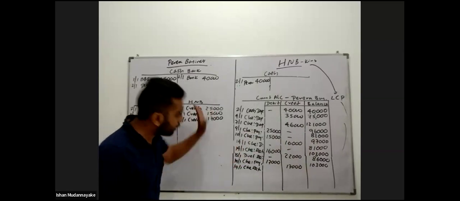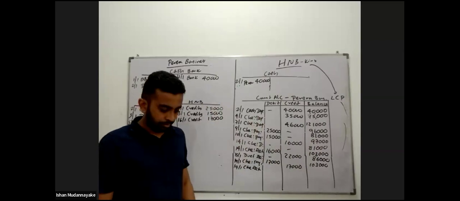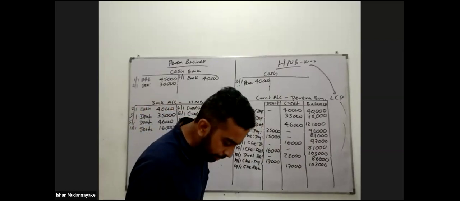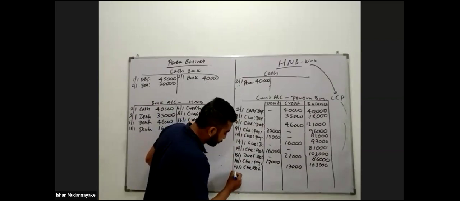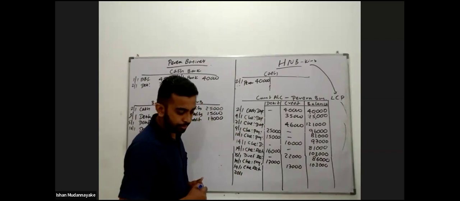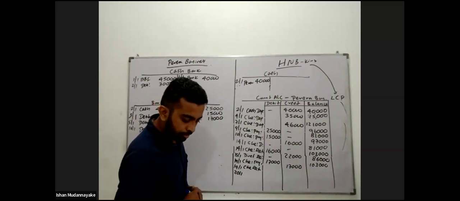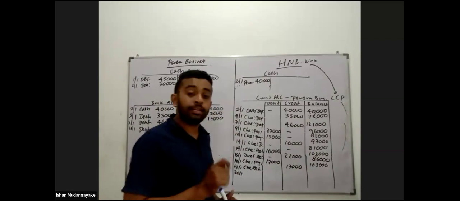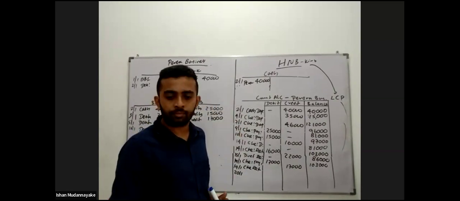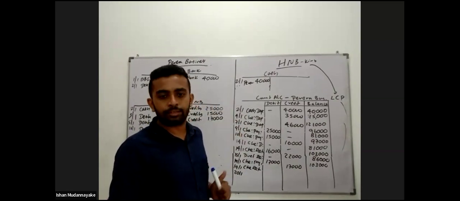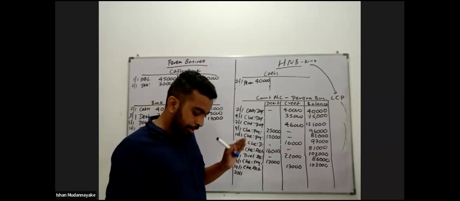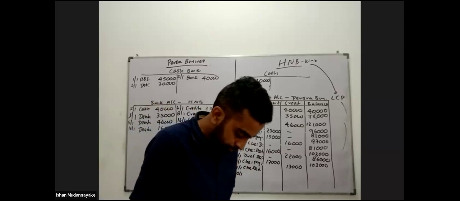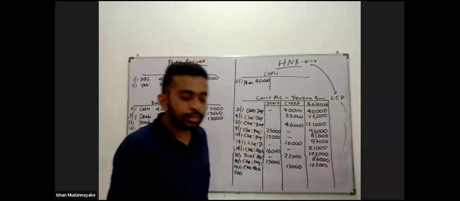Pereira has given an order to the commercial bank: please pay my insurance amount on the 20th day of every month. Insurance amount of 8,000.